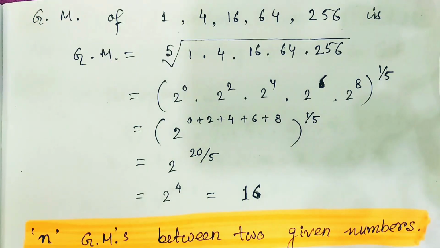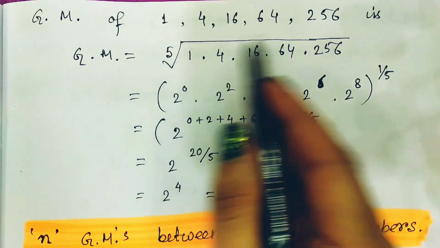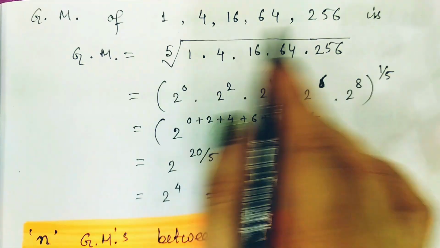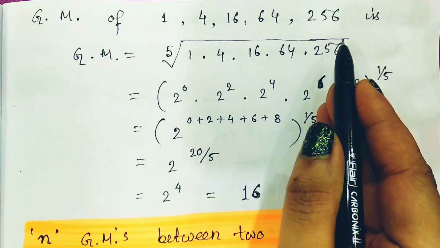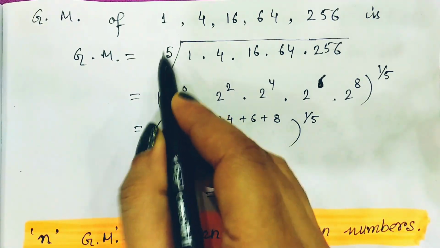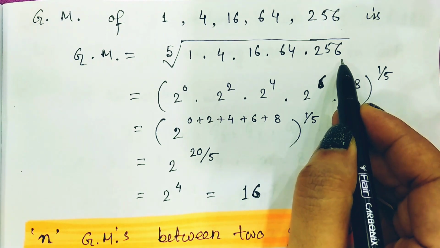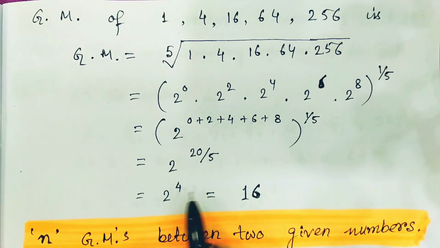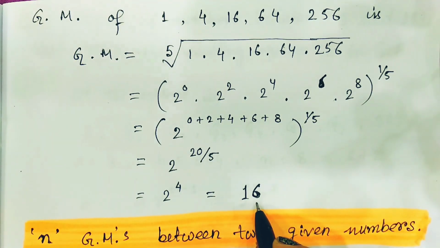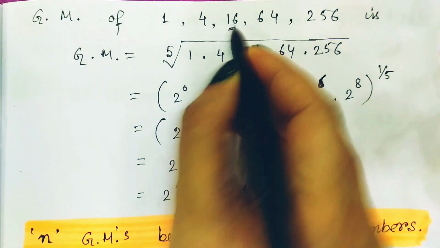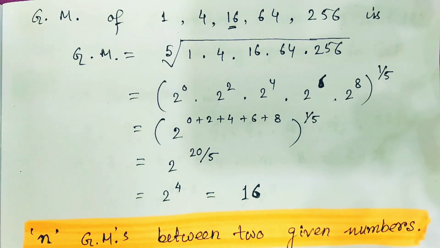That's all. Now suppose we are to find the geometric mean of these 5 terms. Then 5 terms are there, and we find their geometric mean by the 5th root of the multiplication of all those numbers. If we simplify, we find this value is 16. Basically, the middle term we always find as the geometric mean of whatever GP is given.